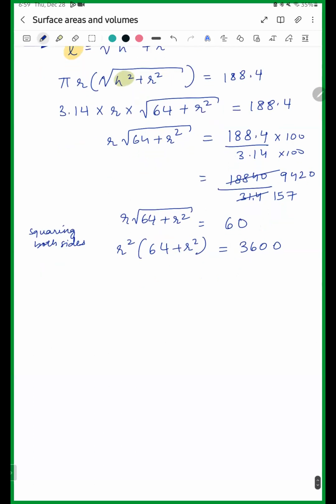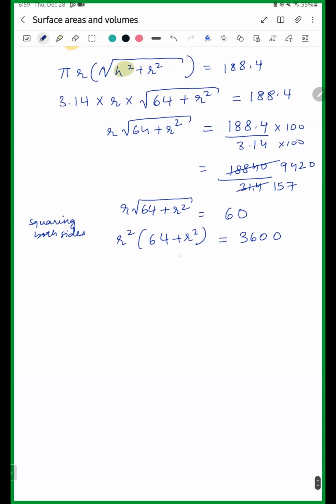Okay. Now let's bring everything to the other side and solve it like an equation. This becomes 64 r square plus r to the power 4 minus 3600 is equal to 0. So what we have done is we have brought the 3600 to the other side.